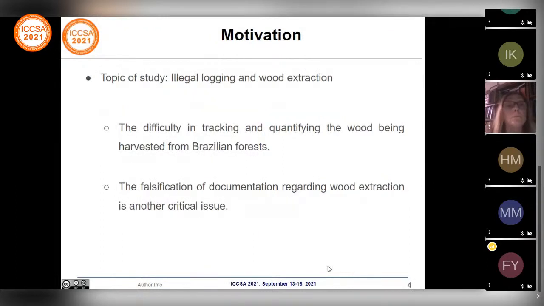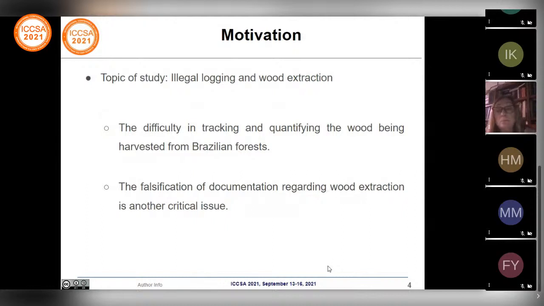Topic of study: illegal logging and wood extraction. The difficulty is in tracking and quantifying the wood being harvested from Brazilian forests, because harvesting often does not form a large clearing that can be visualized from a satellite image. These include logging in areas with difficult access, where the wood is transported by river.